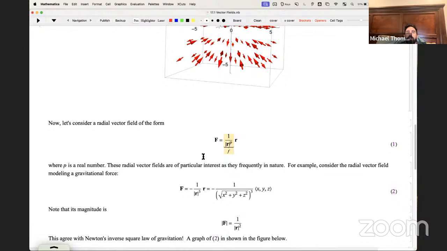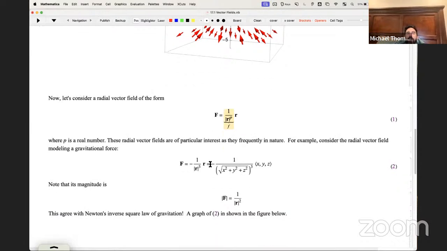These vector fields are of particular interest to us because they frequently occur in nature. You'll see them in your physics classes. For example, this vector field here, it's got a negative in front, but essentially it's the same idea.